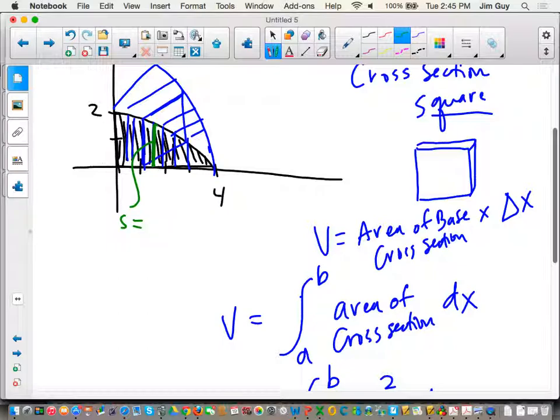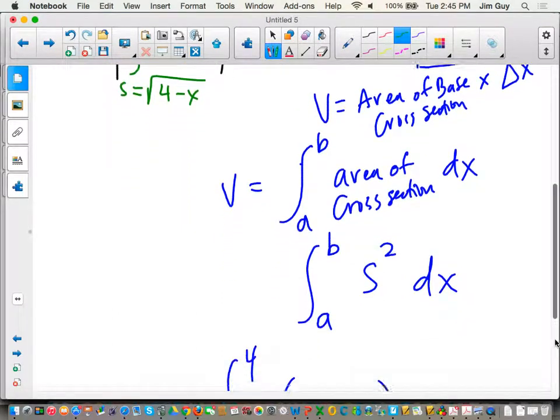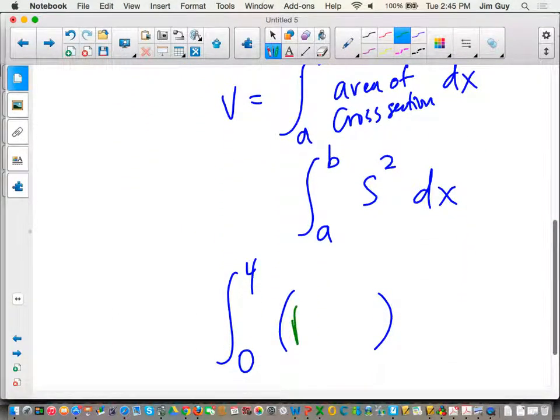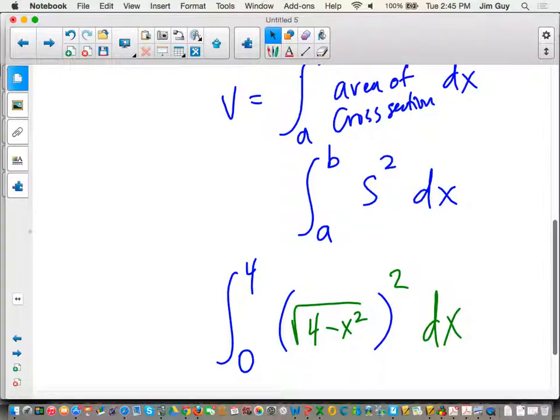So it's your equation, the square root of 4 minus x, minus 0. So that's what the side would look like, that function. You would plug that in for S, and it's the side squared. And that's what you would do. Again, it all comes down to the cross-section. You just have to be ready to be able to find the formula for the area of that cross-section.